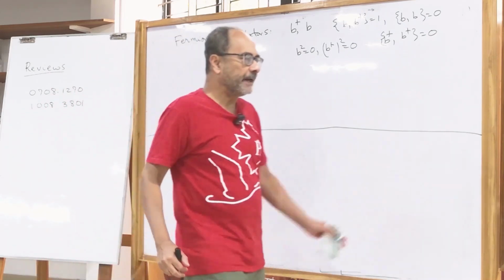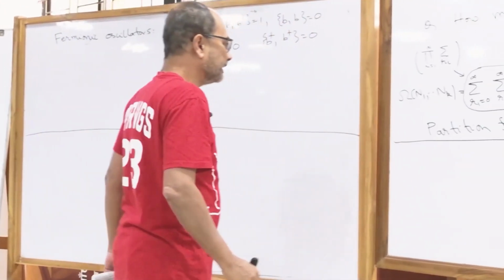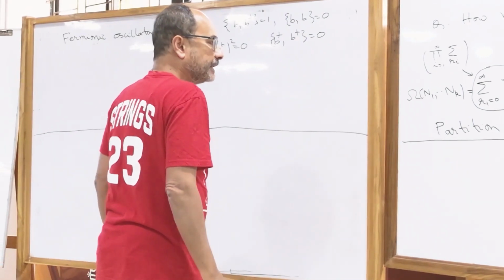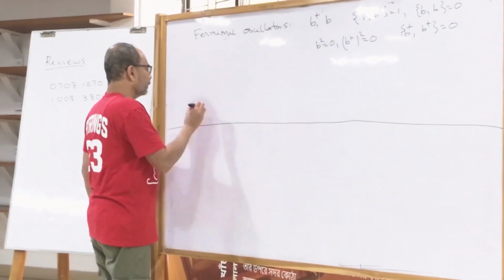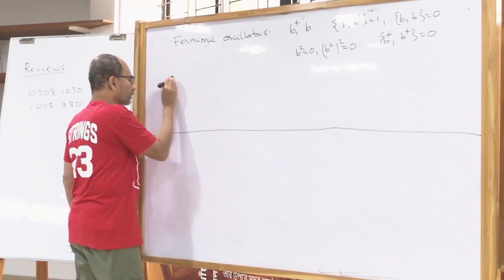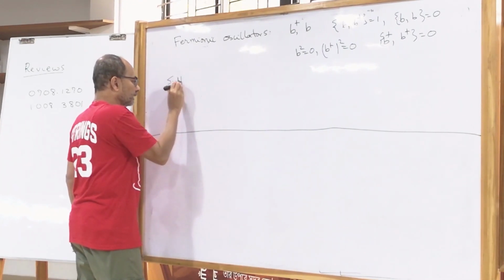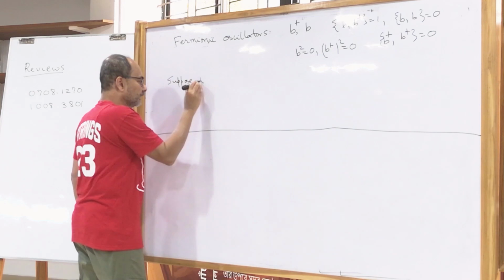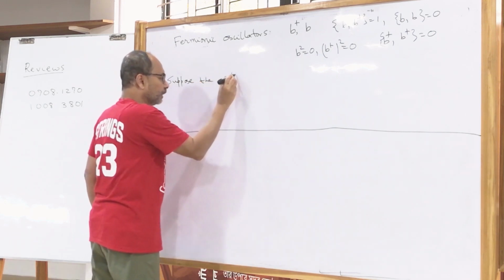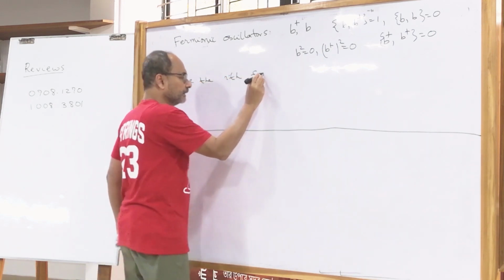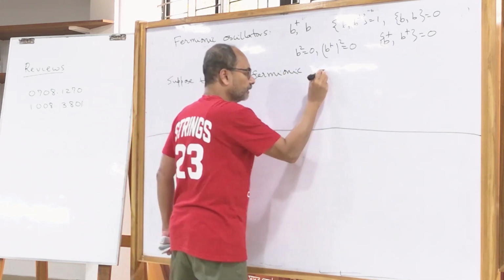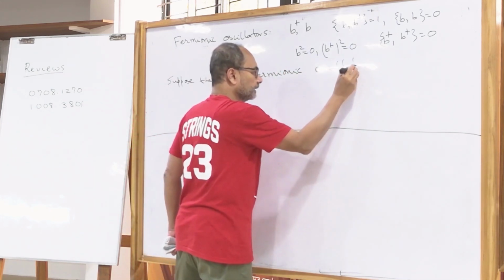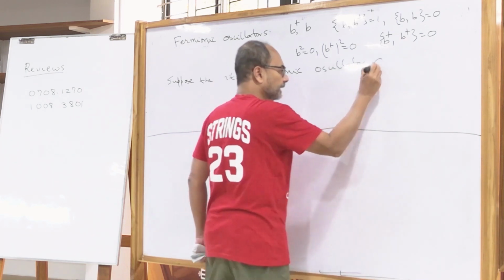So, we can repeat exactly the same analysis, but let me just change the notation a bit. Suppose the ith fermionic oscillator carries charge.